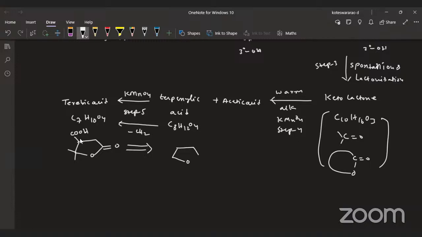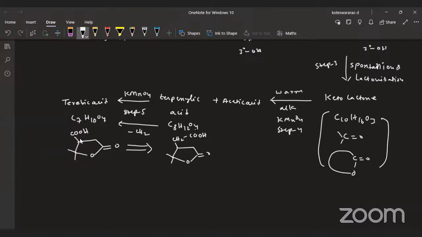This is the structure of terpenoic acid. Only difference is one CH2. You are adding one CH2 in between this carbon and the COOH. Now, this is the terpenoic acid. Look here. This difference is identified based on the molecular formula. Here it is C8H12O4, and this is C7H12O4.